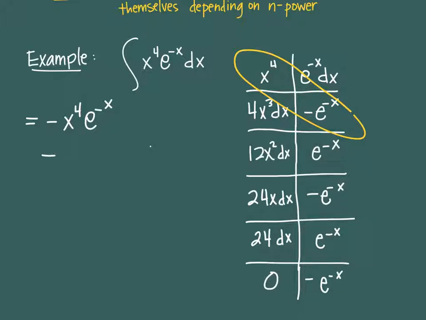Normally we would do minus the integral of that, but we're going to skip that part. We're going to do minus the pair of those two. So that would be 4x to the 3rd e to the negative x.